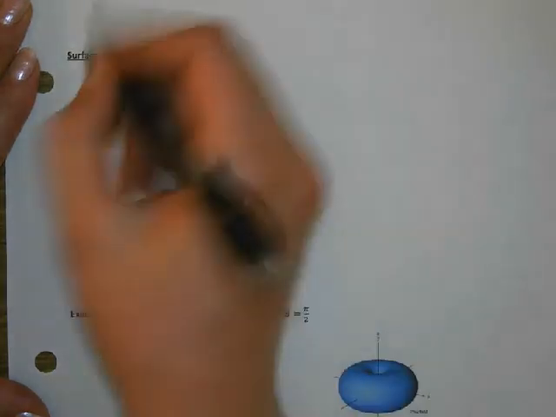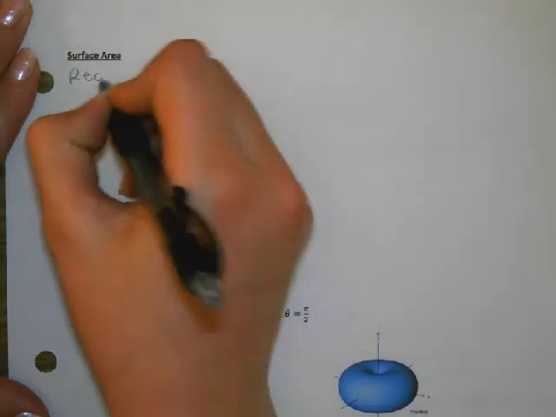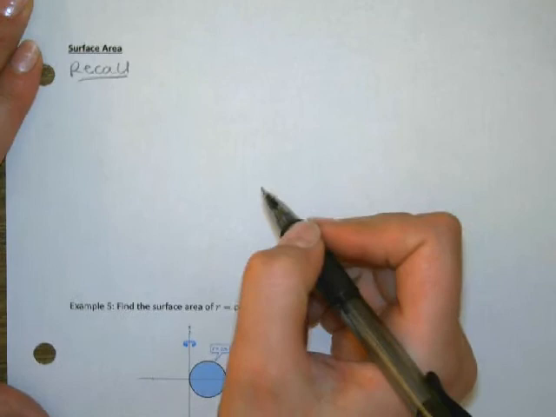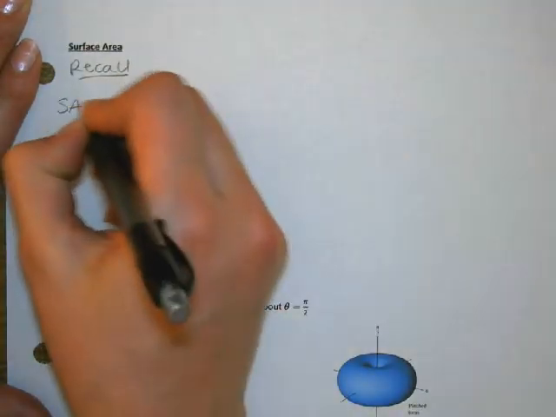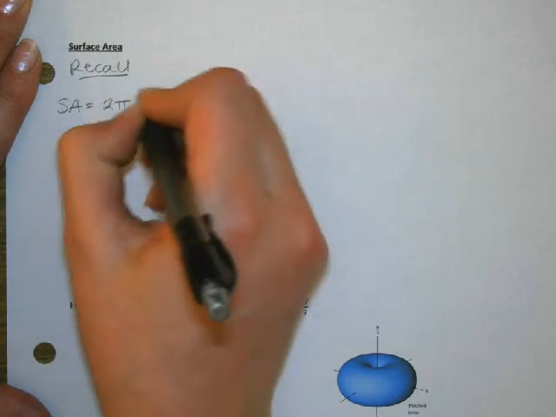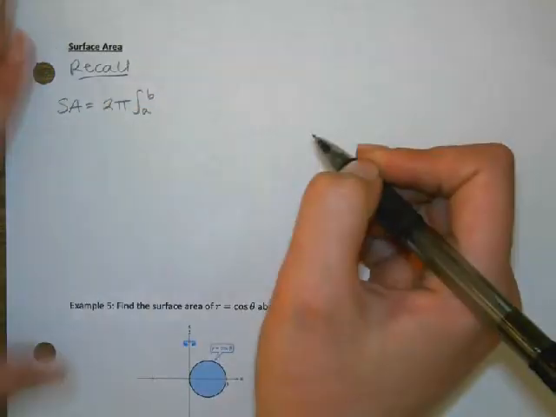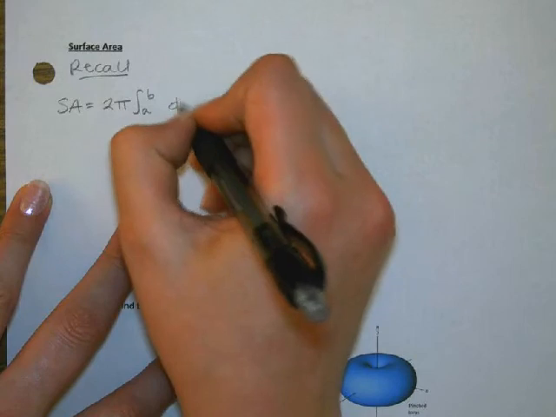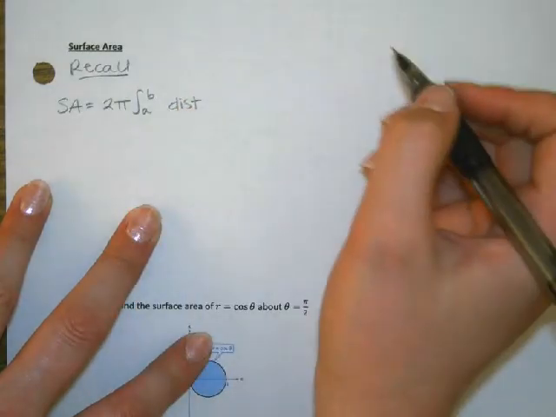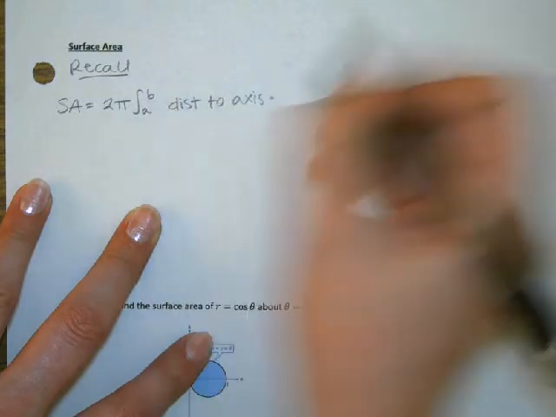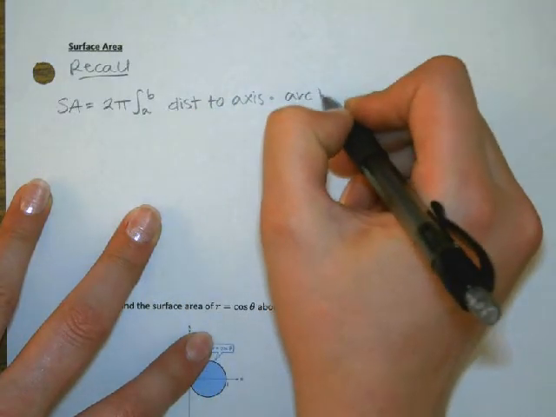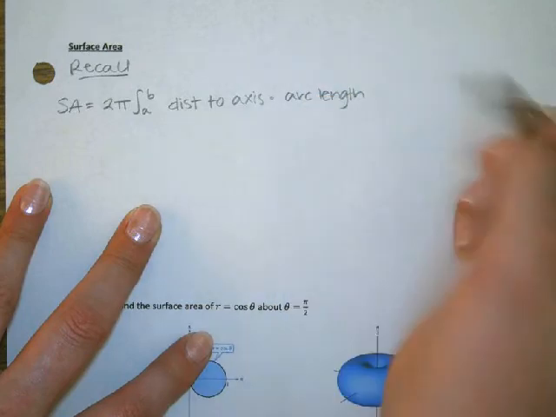So again, recall. We're going to think back to our rectangular surface area. Surface area is 2 pi times the distance to whatever axis of rotation you had, times the arc length. That was the formula for it.